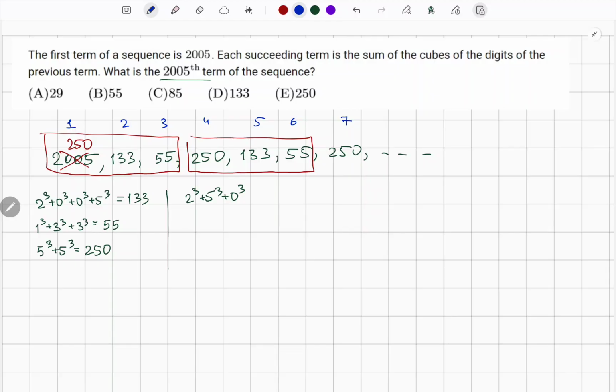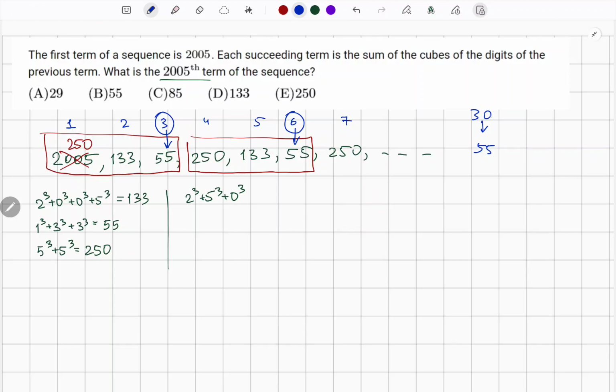Do you remember I noticed the length of the period? It's three. There are 3 elements in the period. And then I focused on the terms whose order numbers are divisible by 3. They're all 55. Look, the third term in the sequence, the 6th term, 9th term, 30th term is also 55. That's the pattern we are talking about. We always say, catch the pattern, catch the pattern.